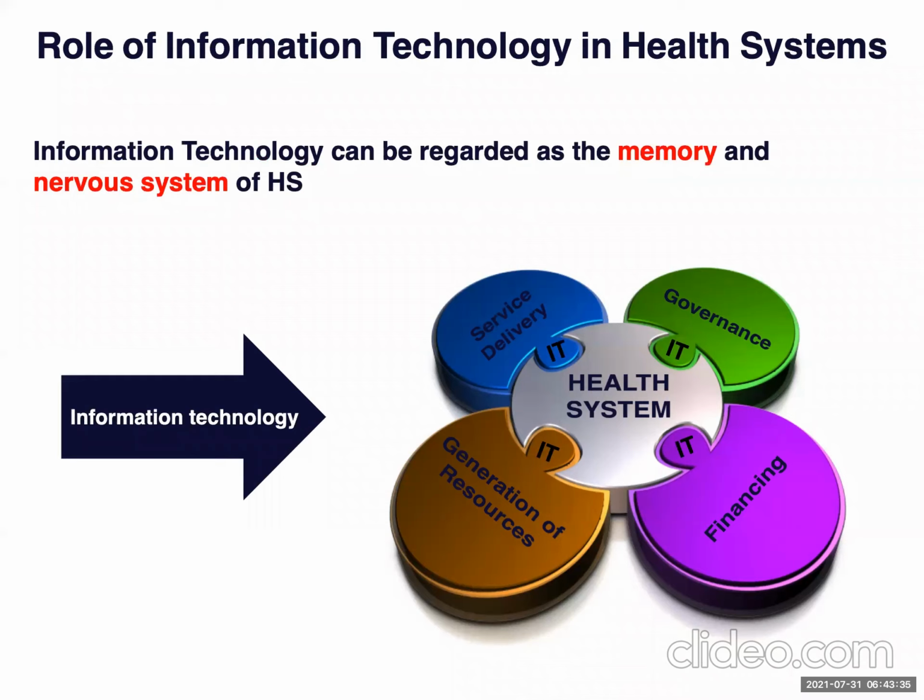The role of information technology in the health system is drastic. We can say that information technology and all those information systems, including AI, health informatics, and so on, are the memory or the nervous system of any healthcare system.